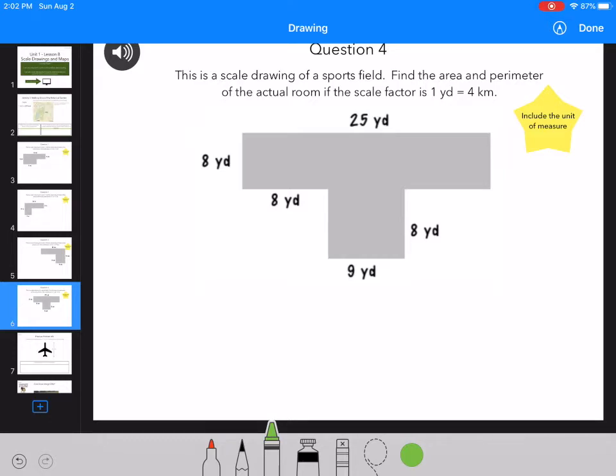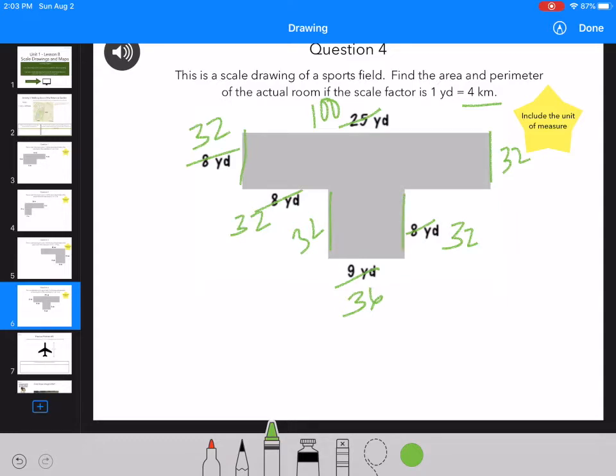The last one is like this. So these are all going to be kilometers, and it's going to turn into 4 kilometers. So this is going to be 100. This is going to be 32, 32, 36, 32. So now I could do the math, but it is proportional. So I know that this is also going to be 32 because I'm looking at the same length sides, and I know this is going to be 32 because I'm looking at the same length sides. So from here, I'm just going to add it up.